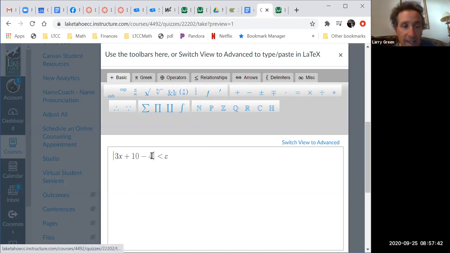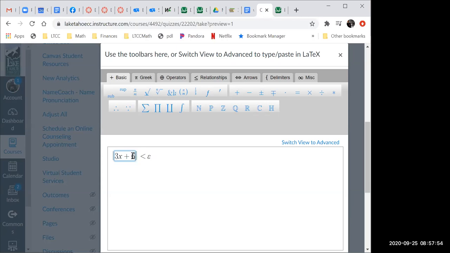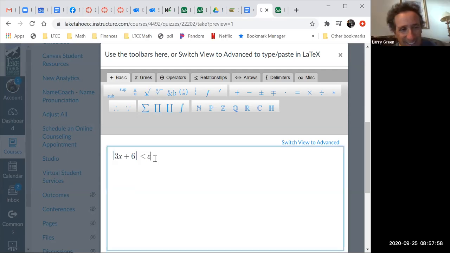So we can say that 3x plus 10 minus 4. I'm hoping this is brainless for you. 10 minus 4 is 6. You better be able to do that. So we know that we can write 3x plus 6 is less than epsilon.